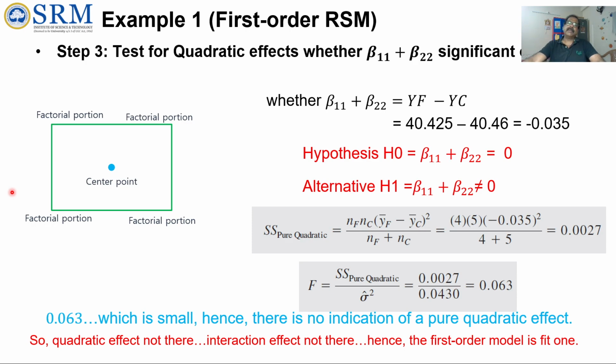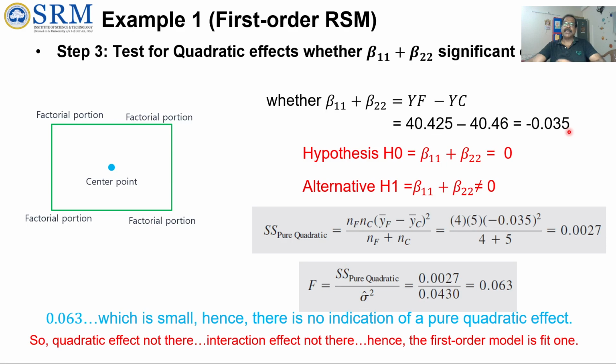Here beta 11 plus beta 12 equals y of f minus y of c, that is, response at the factorial points minus response at the center point. Taking the average of this difference, we get minus 0.035.